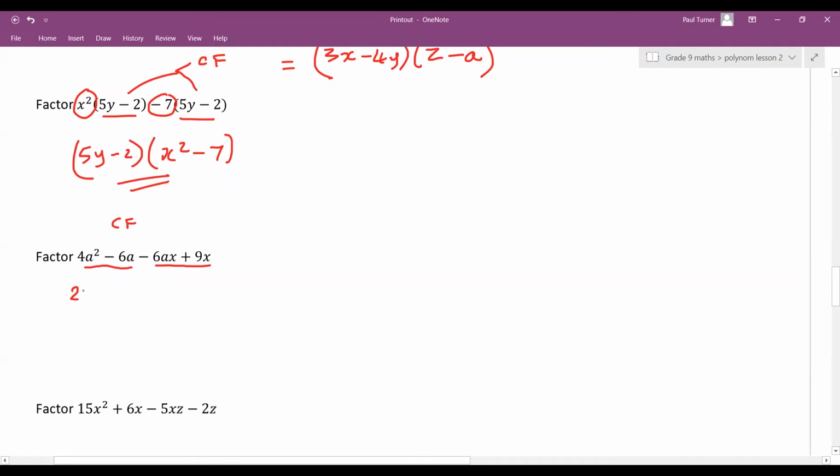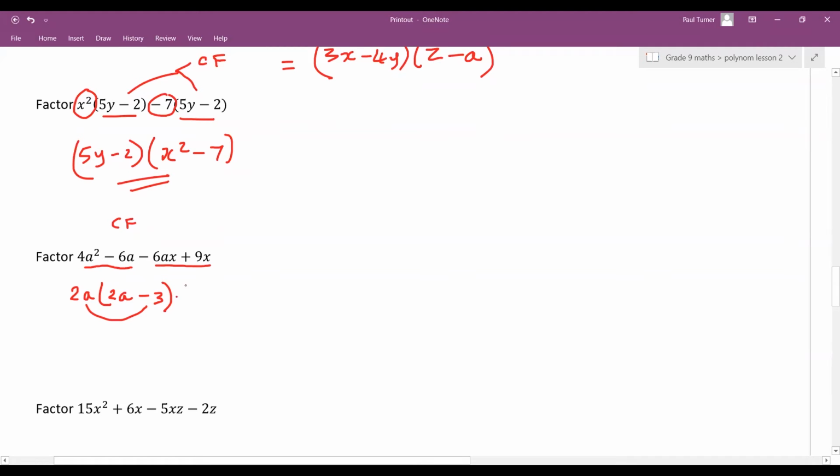And also a. A is a common factor. So in your bracket, 2a times 2a will give you 4a squared. 2a times minus 3 is minus 6a. Okay, so this one is factorized.